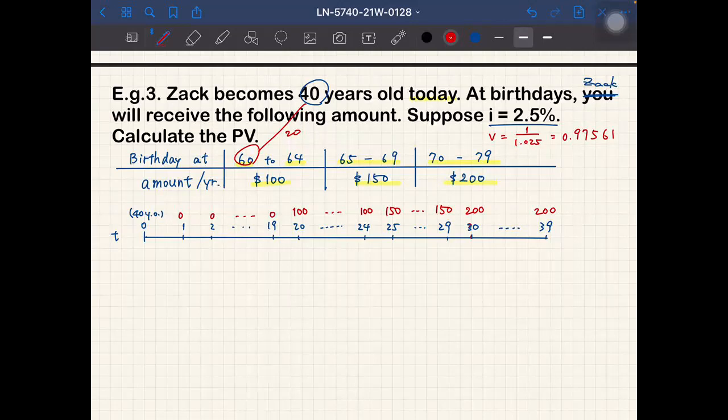In the previous example, there were no zeros, but now we assume that we have another payment, just the amount is $0 from t equal to 1 to 19. Then this payment is calculated by the linear combination of a angle n. So we start with the longest cash flow.